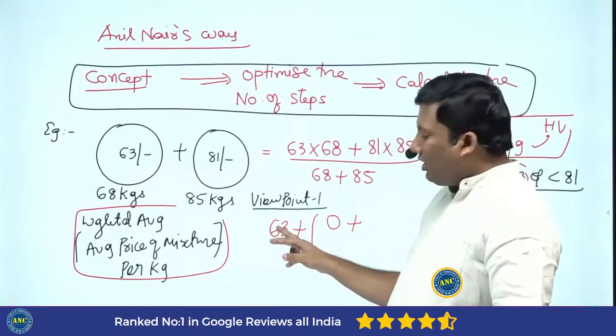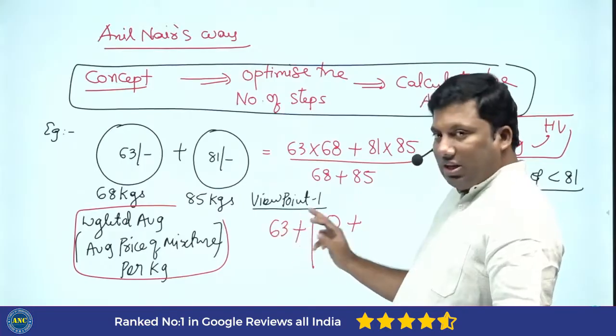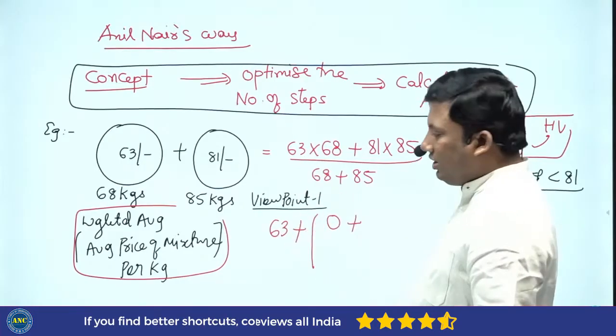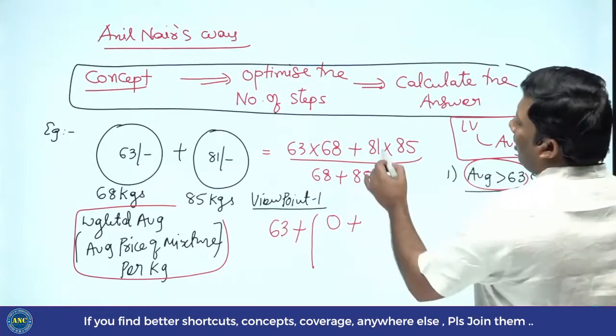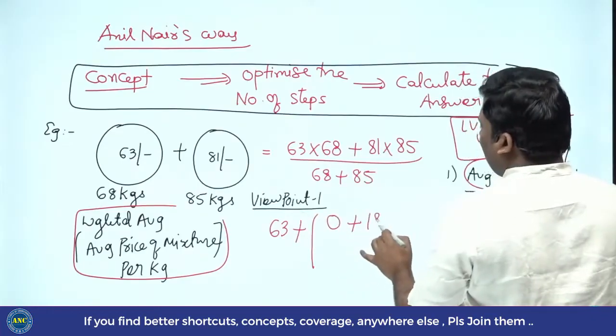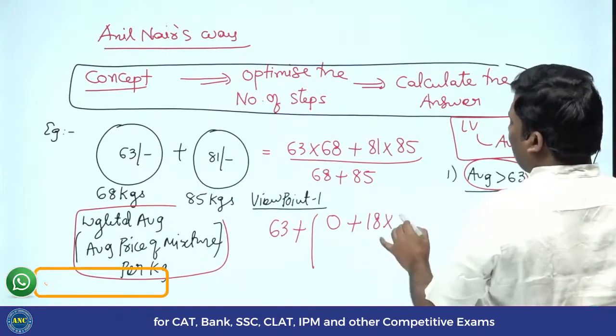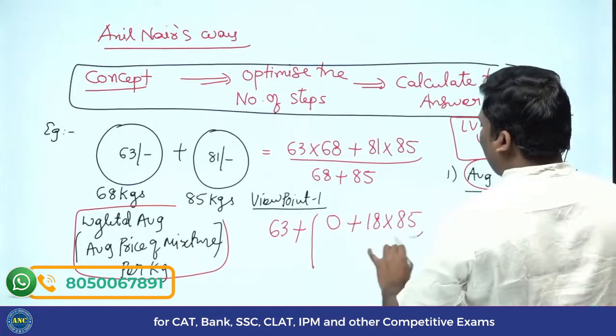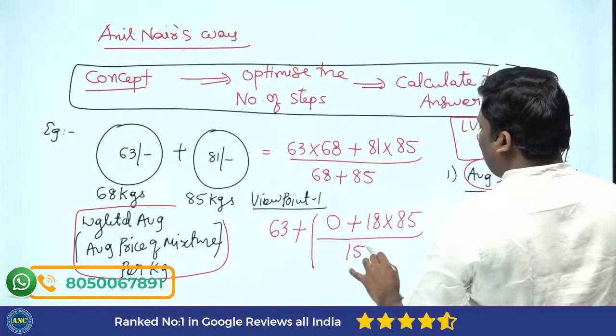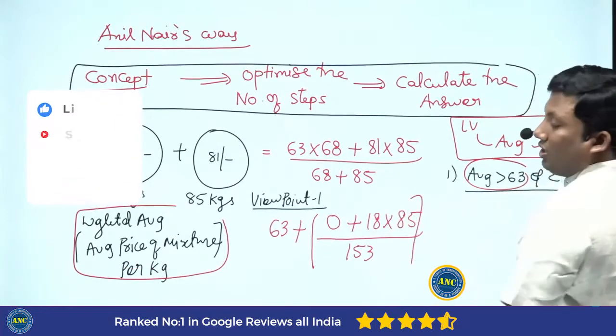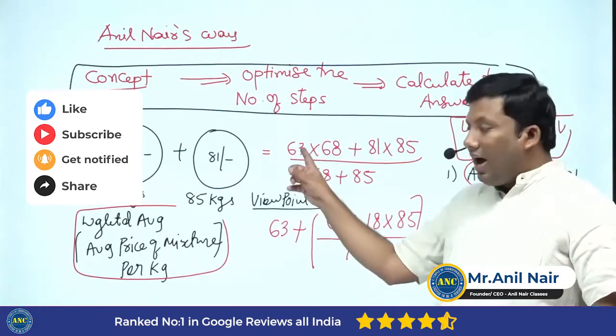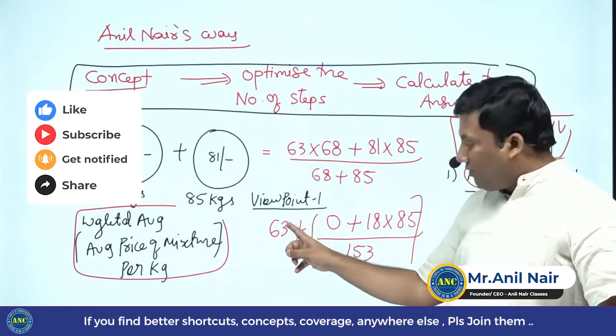So 63 plus 0, and then 81 minus 63, deviation is 18, into 85 divided by 68 plus 85, which is 153. Is it clear?